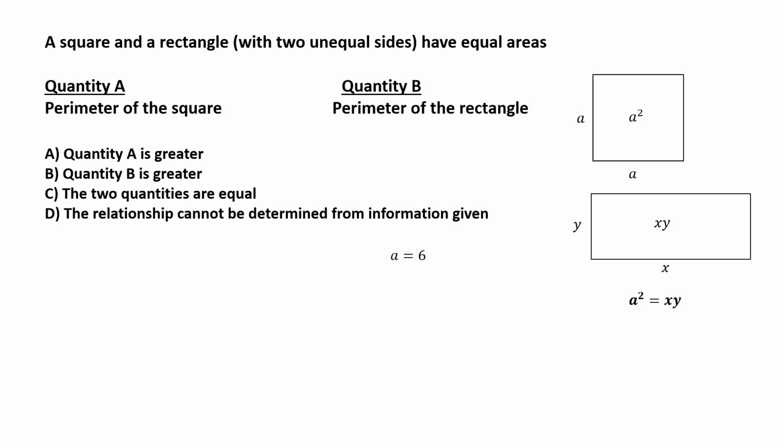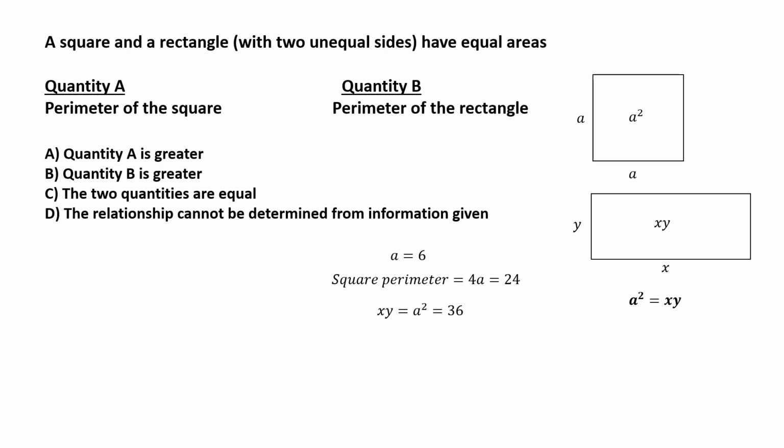I'm just picking an integer. Then the perimeter of the square will be 4 times the length of the side. So it's 4a. And since a is picked as 6, 4a is 24. What about the perimeter of the rectangle? Before finding that, we need to consider the relationship that the product of the sides xy is equal to a square, which is equal to 36.